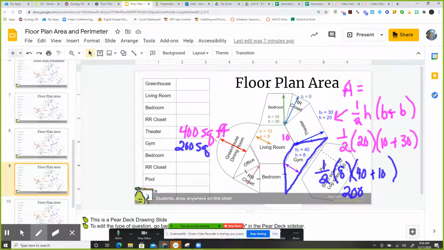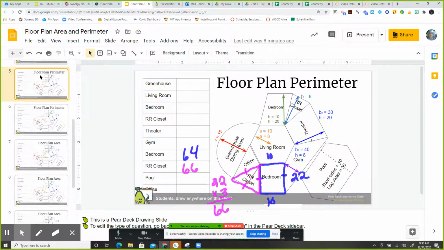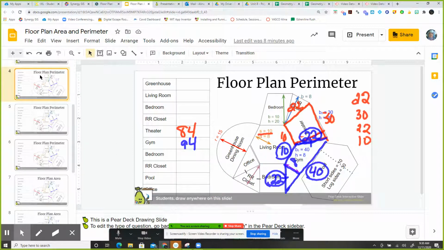So my gym is 1/2 the square feet of my theater. But how did the perimeters relate? Let's go back up and look at the perimeters for a second. The perimeters were almost exactly the same for my theater and my gym.